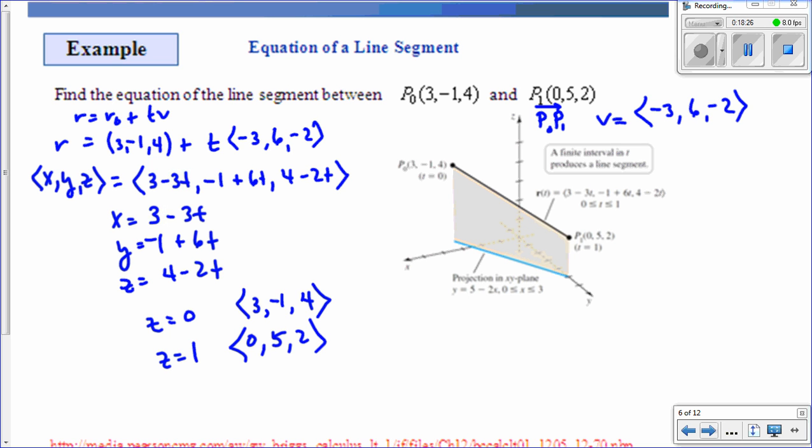So, actually, if we're talking about points here, I need to have parentheses instead of brackets, talking about the points, not the vectors. So to talk about any of the points in between those two, the t value is somewhere between 0 and 1.